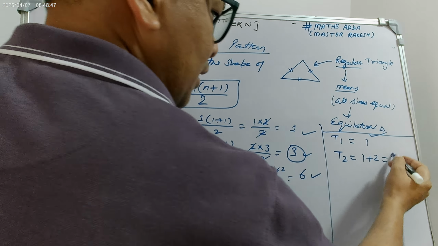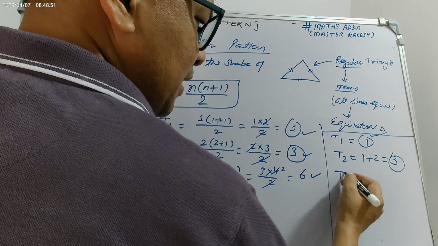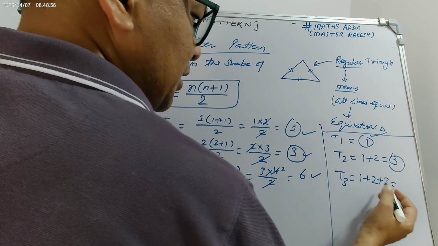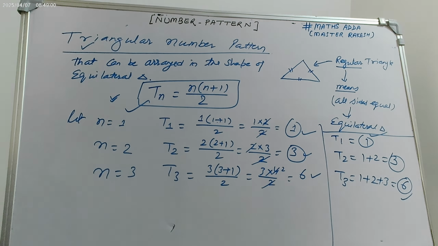The first one is always 1. T3 equals 1 plus 2 plus 3, that is 3 plus 2 is 5, plus 1 is 6. By the formula it is also 6.